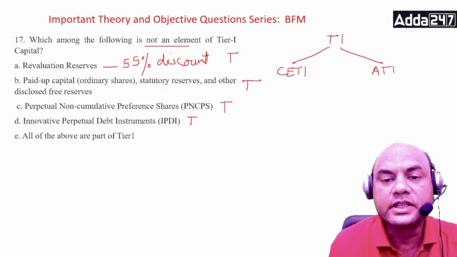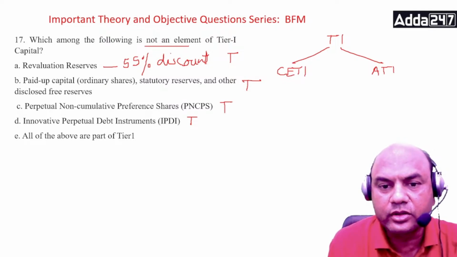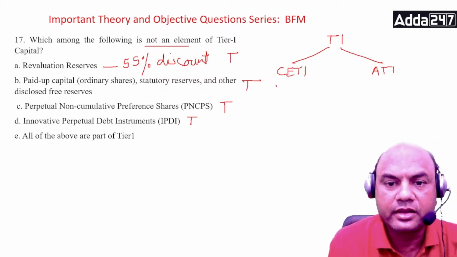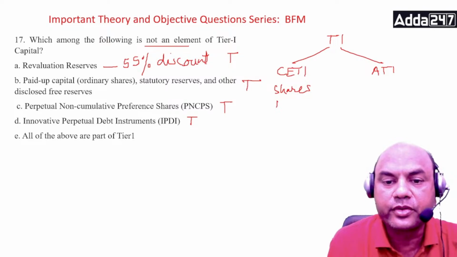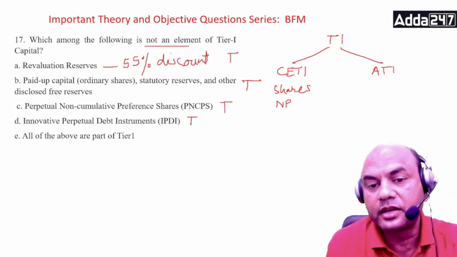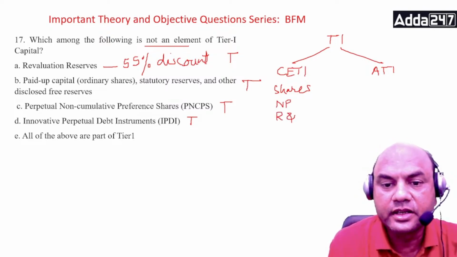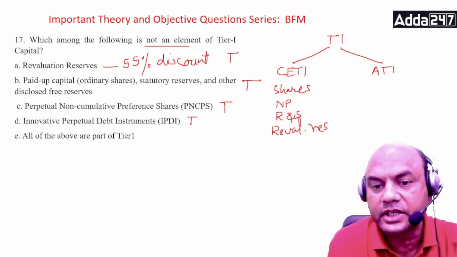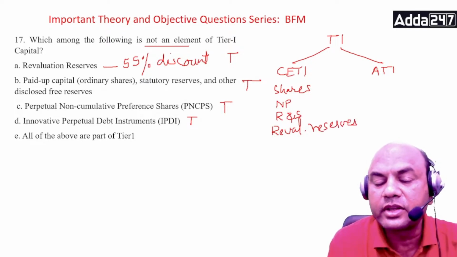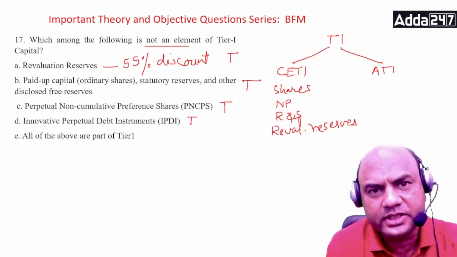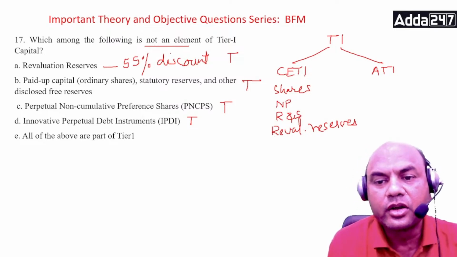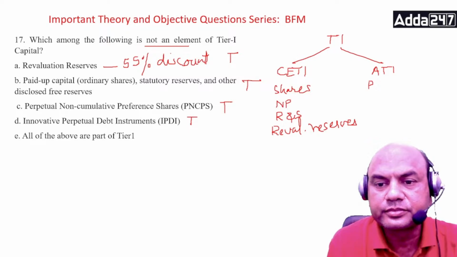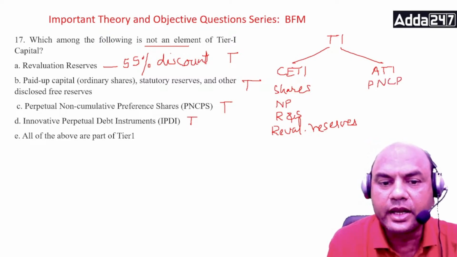Okay, CET1 normally has share capital, meaning paid up capital, shares, then net profit, then reserves and surplus, R&S, and revaluation reserves. Okay, these are the part of your CET1. AT1 has two main parts in your CAIIB. There are many parts, but mainly two. One is PNCP and second is IPDI.